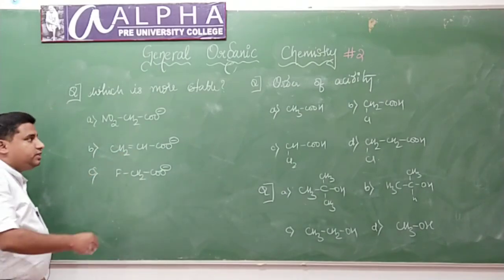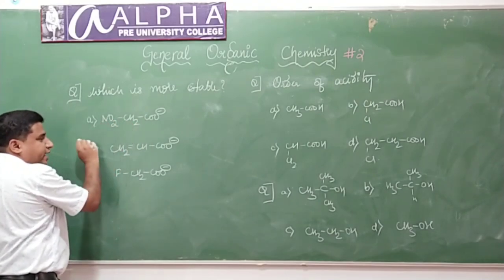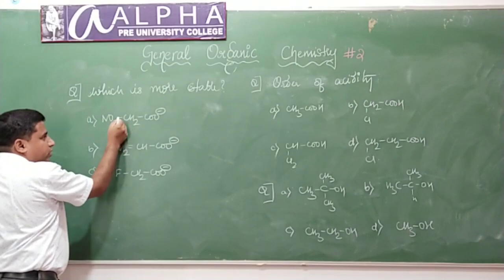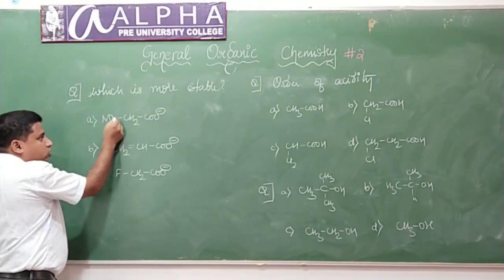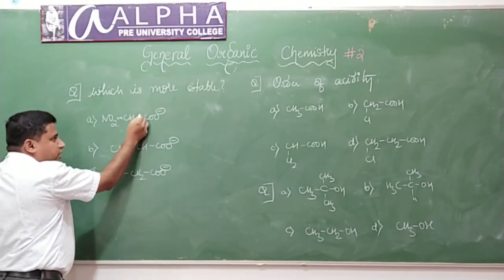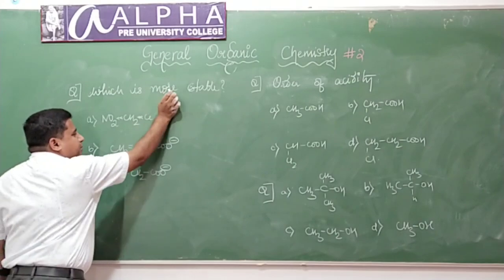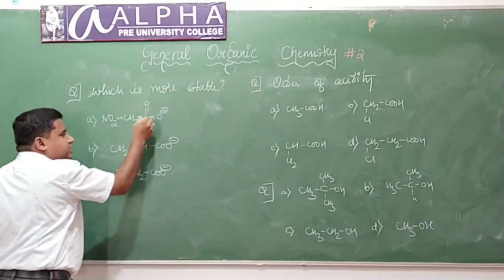Yes, see this. So here carbon is attached to carbon, carbon is attached to nitrogen, NO2, isn't it? So obviously nitro group is electron withdrawing group. So nitro group will pull the electrons towards itself, this carbon will pull the electrons towards itself, and carbon will pull the electrons from oxygen towards itself.